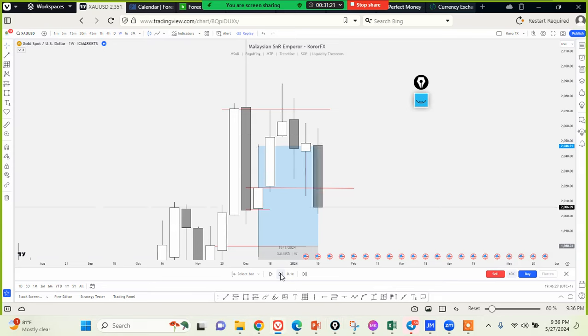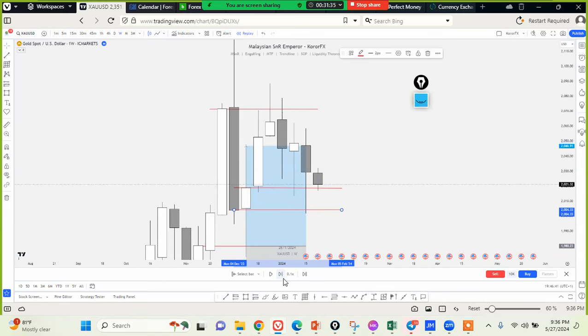Then price coming back, and then back to this classical SNR. Still candle confirmation. But the important thing is the candle closure. So this one is still rejecting this gap and this classical level, so we still have the storyline there.